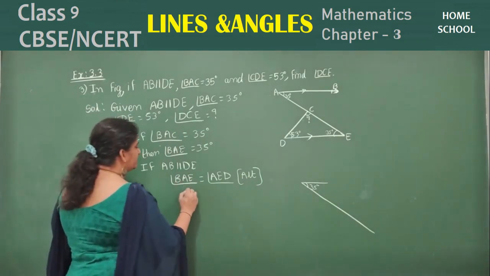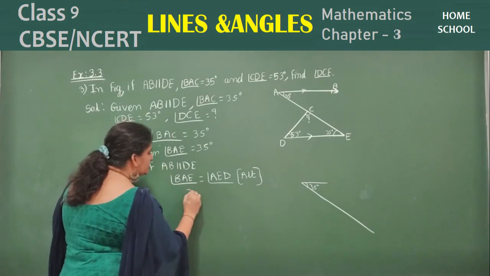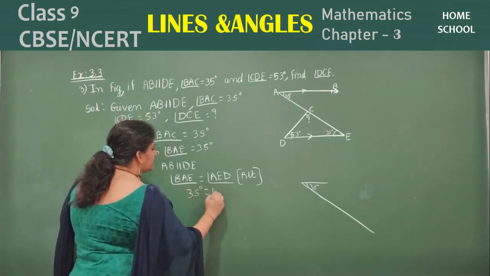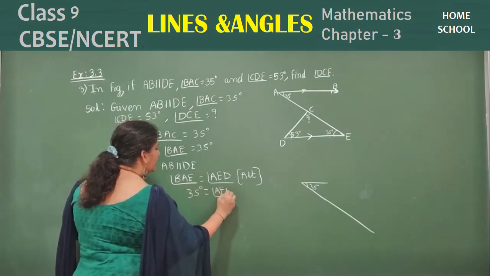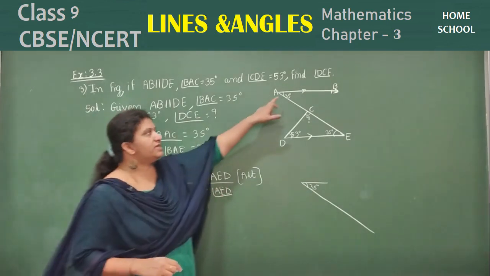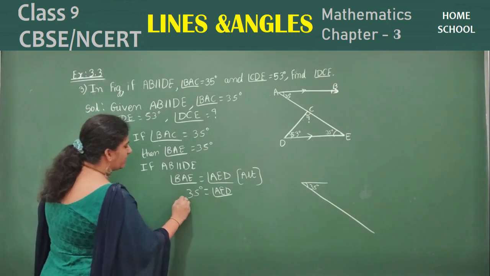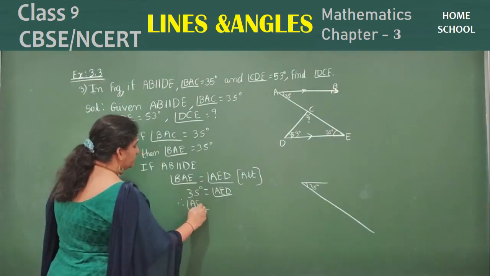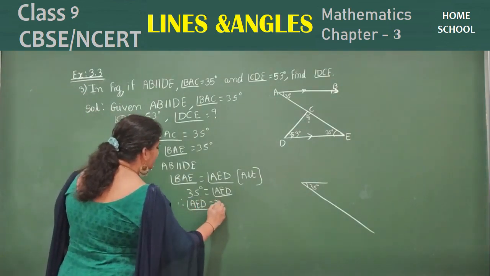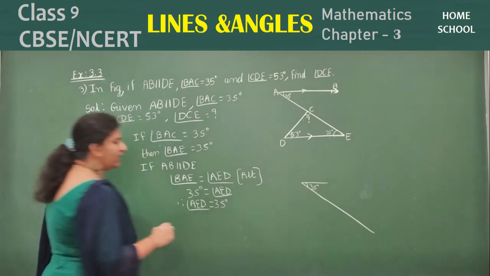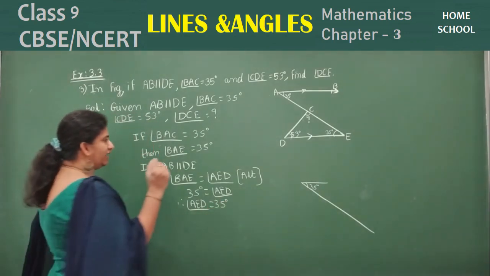That makes angle BAE how much? 35 degrees is equal to AED. Therefore, both these angles are equal. If you want, you can reverse and write, children. Angle AED is equal to 35 degrees.